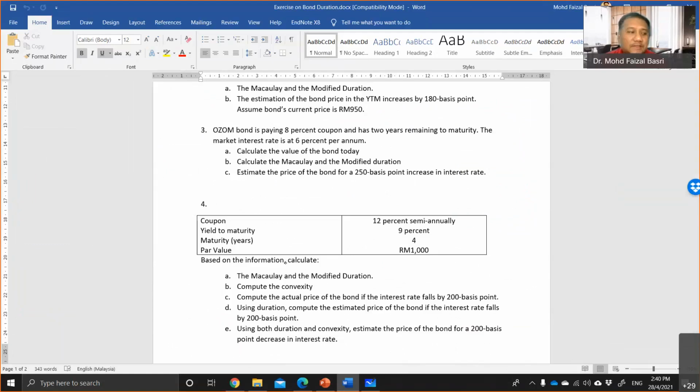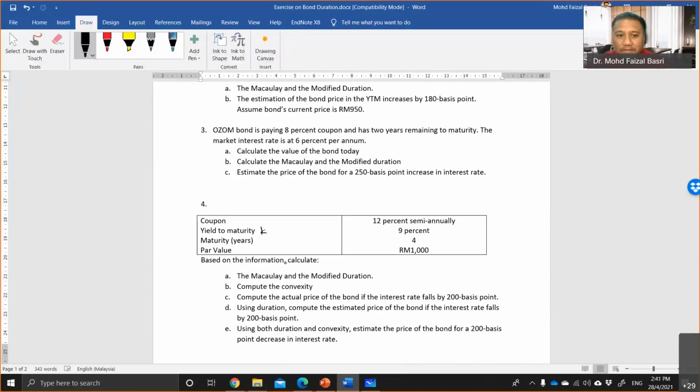So for a typical duration question, bond duration, they will provide you with at least 3 out of 4 items here. They will provide you with a coupon. For this case, the coupon is 12% semi-annually. The YTM, the yield to maturity, technically this is the K, the required rate of return.